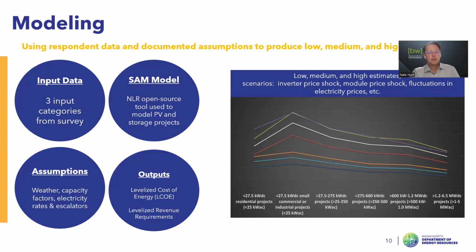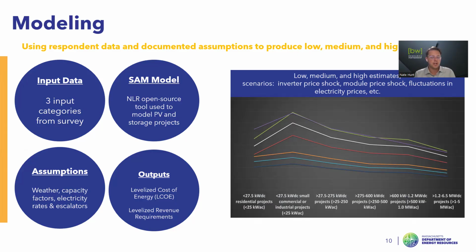SAM is really helpful in that it has a wide range of customizability. There are things like weather and capacity factors and electricity rates and escalators that you can customize. But SAM also has some really helpful defaults where, for instance, in this case, SAM has the average weather for the prior years and utilizes that to adjust capacity factors.